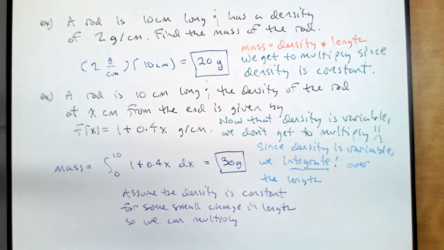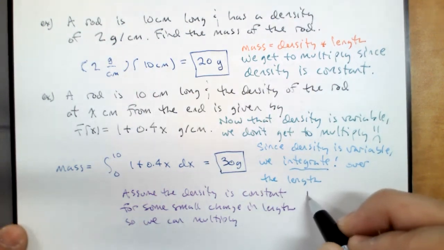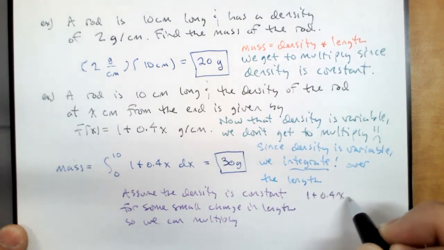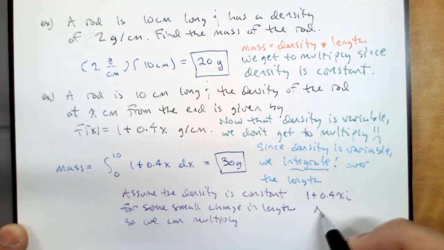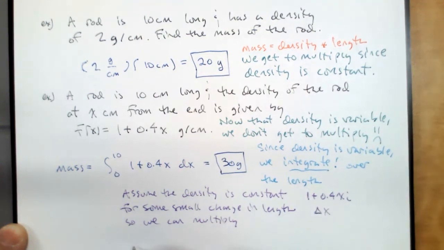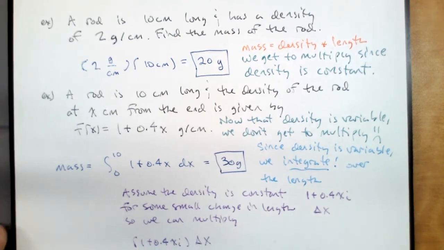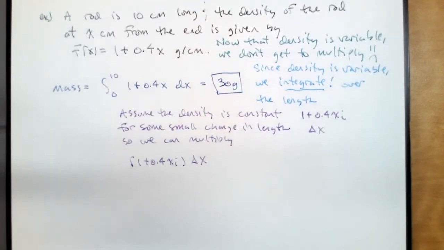So we assume that the density is constant, and we give it the value of 1 plus 0.4x evaluated at some point x_i for some small change in length, that's the delta x, so that we can multiply. Then we add up all of the values of all the segments.